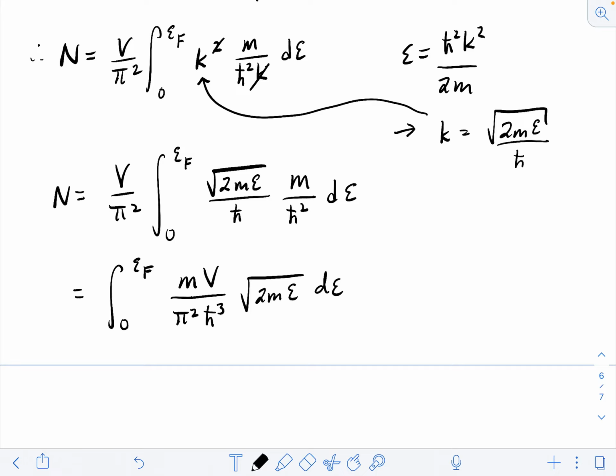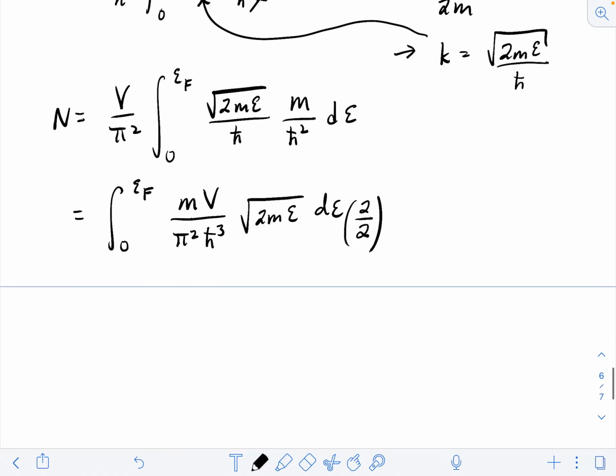So what I want to do is multiply by, I think, 2 over 2. And so this would be 0 to epsilon_F, V over 2 pi squared.